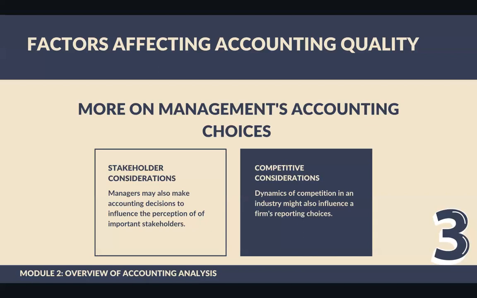Lastly, there are also competitive considerations. We're going to be talking here about the dynamics of competition in the business's or the firm's industry. So if the firm is in a very competitive industry, it may have a different set of accounting policies and standards compared to the other firms that it is competing with.